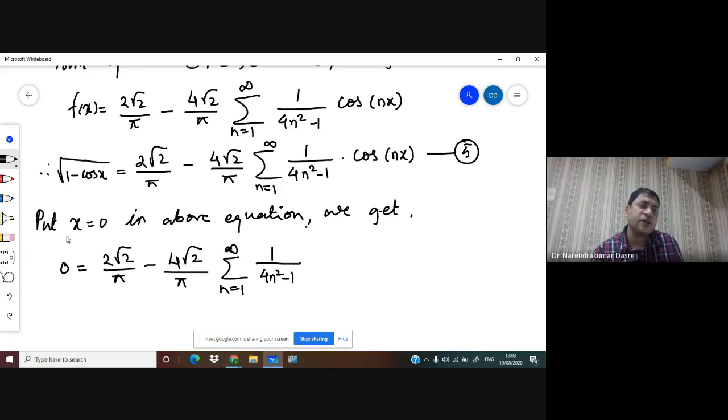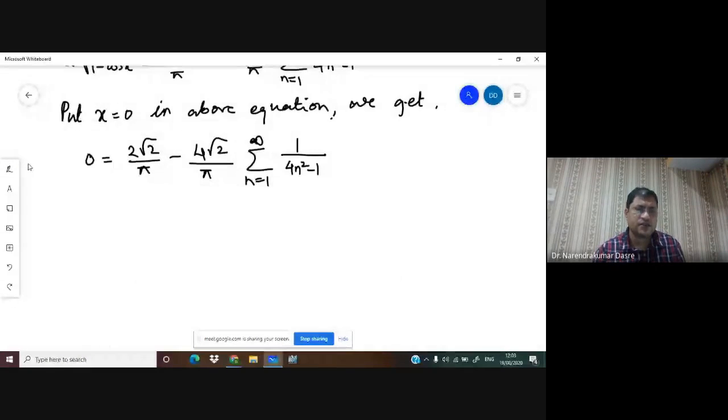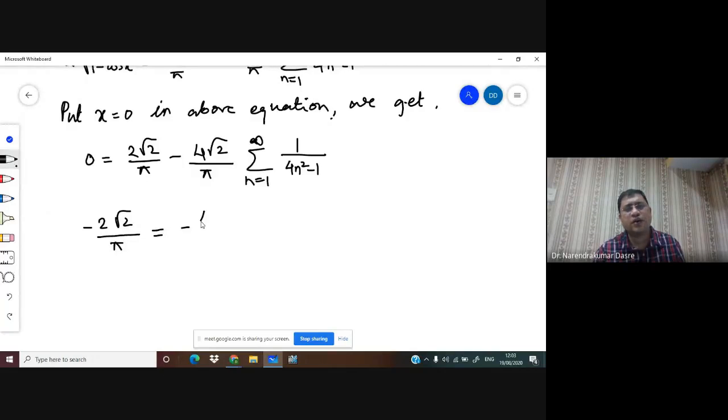Cos of 0 is going to be 1. Now, what we can do is take this to the other hand side. So you have minus 2 root 2 upon pi is equal to minus 4 root 2 upon pi and summation n running from 1 to infinity 1 upon 4n square minus 1.